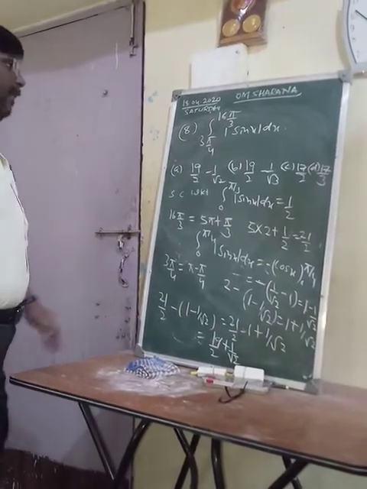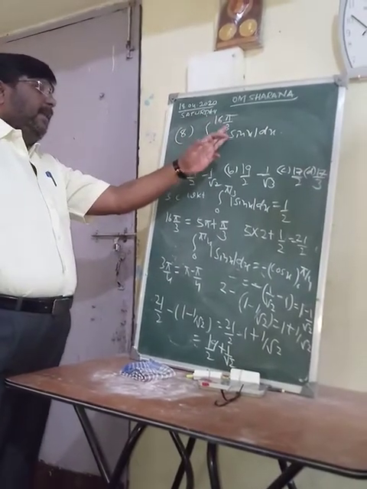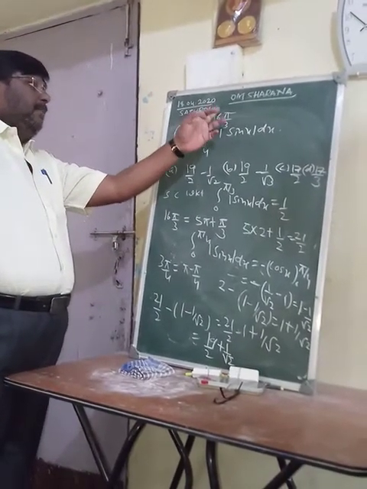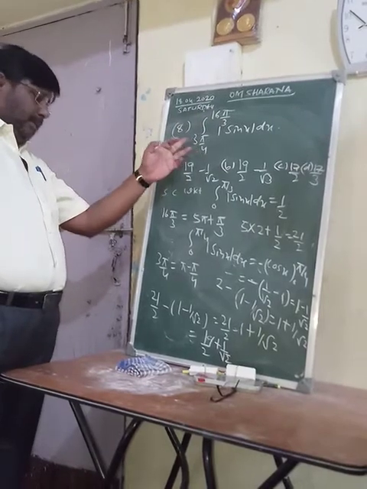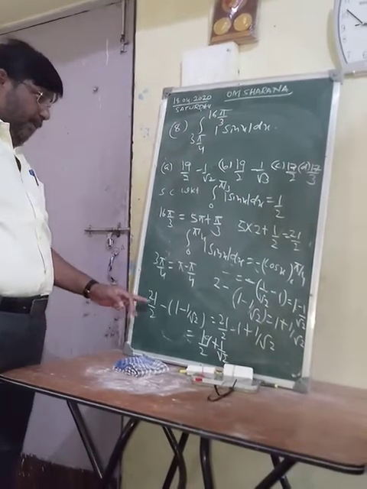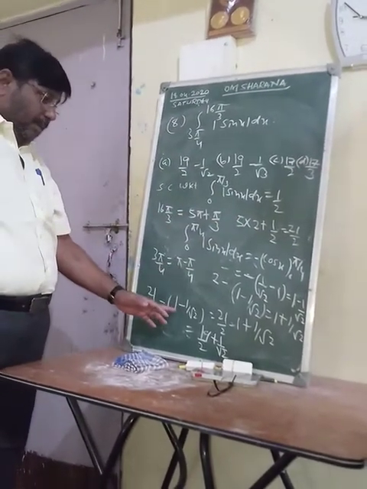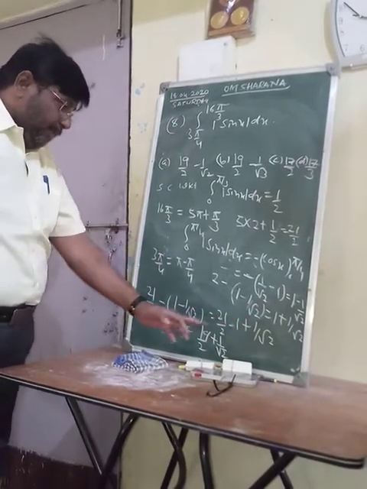After finding the integral value of the given integrand, I substitute the upper limit and the lower limit. For the upper limit the value is 21 by 2 we got here. For the lower limit the value is 1 plus 1 by root 2.